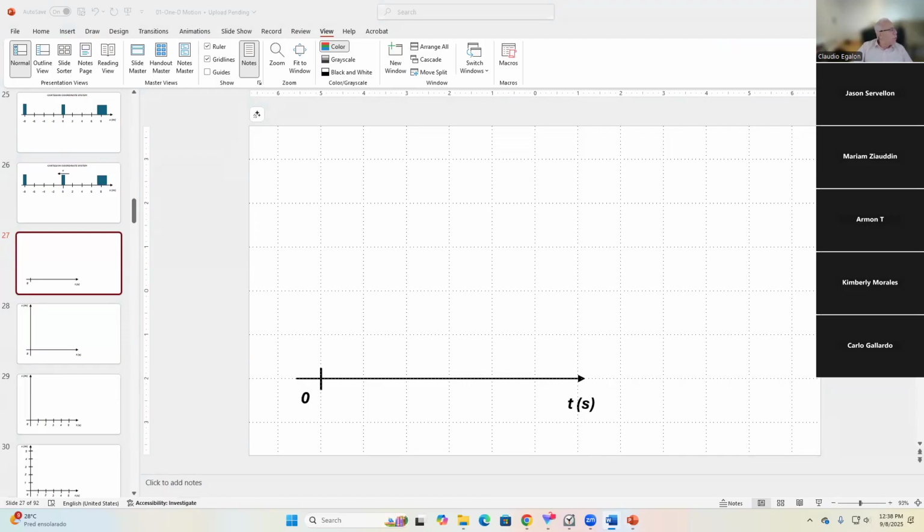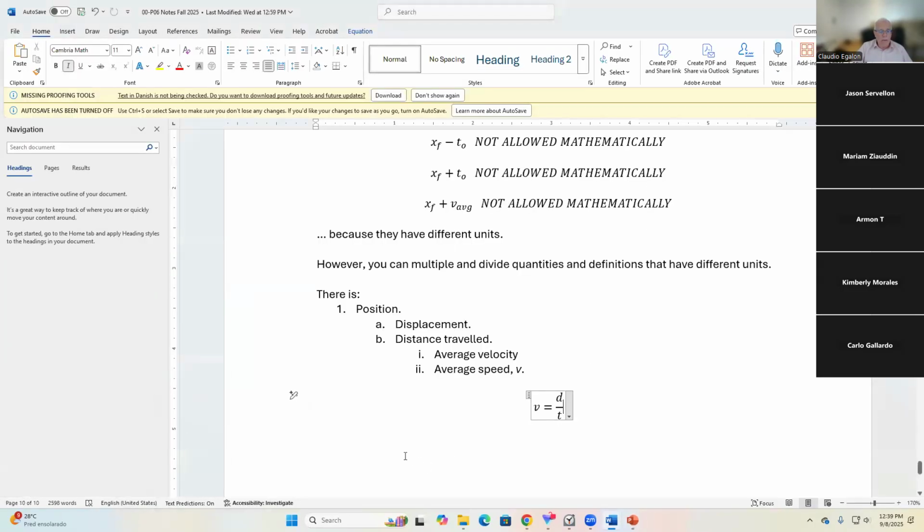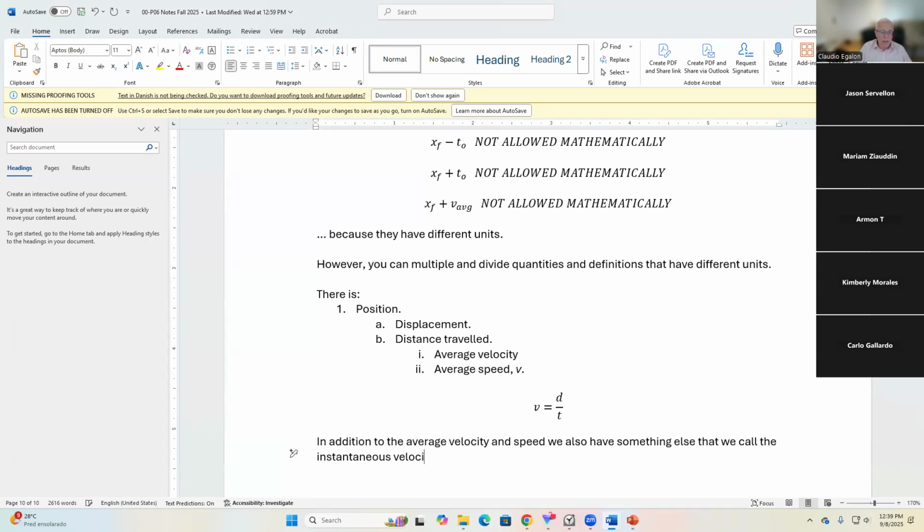So in addition to this average velocity and average speed, we also have something else that we call the instantaneous velocity slash speed, okay?